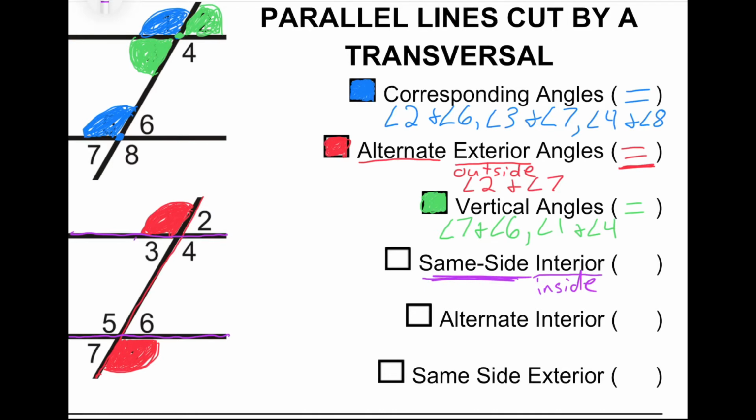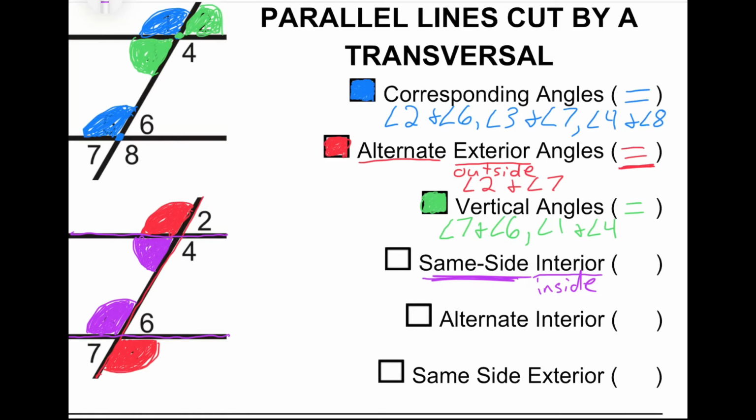So if I want a pair of same side interior, starting with angle 3, the other angle to be paired is angle 5. So that's going to create one pair of same side interior.